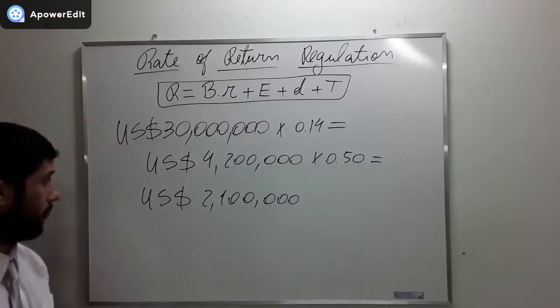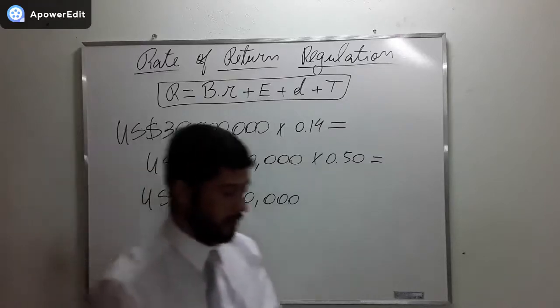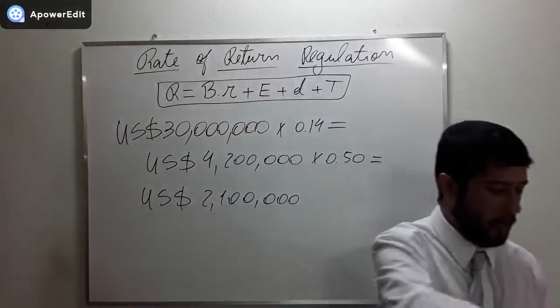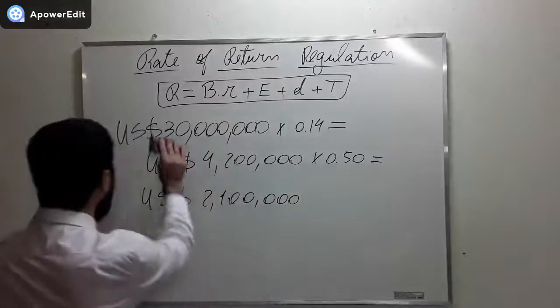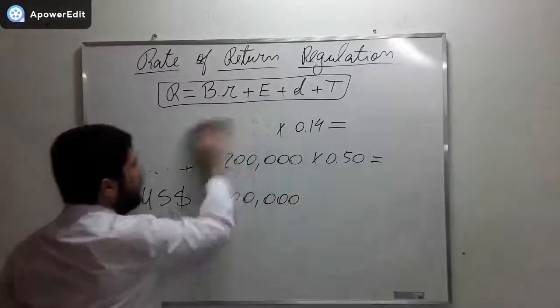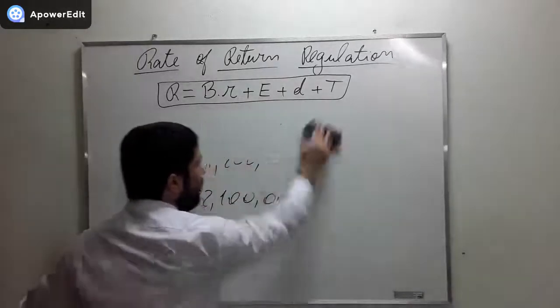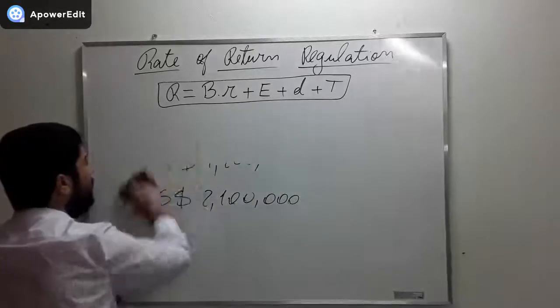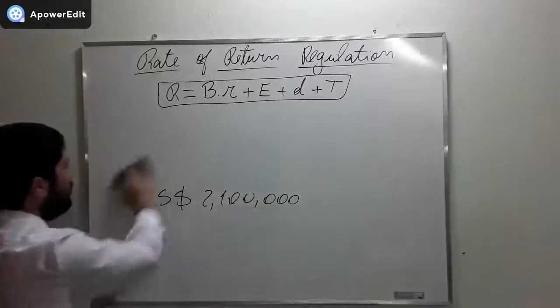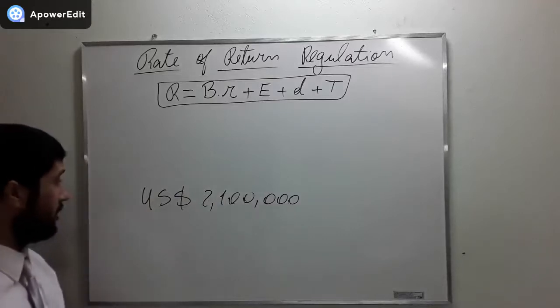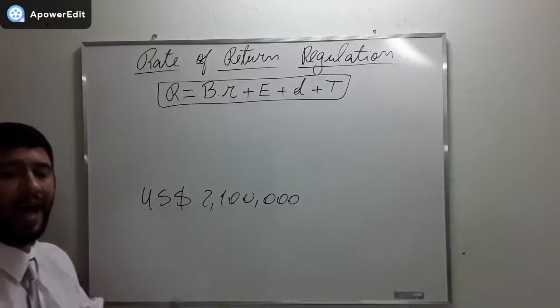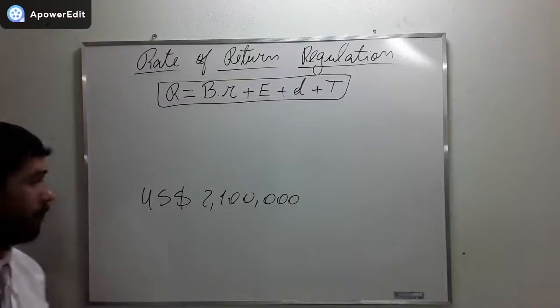We need to discover now the amount of money before taxes. This result here is after taxes, the amount of money that the company is allowed to have as a profit.